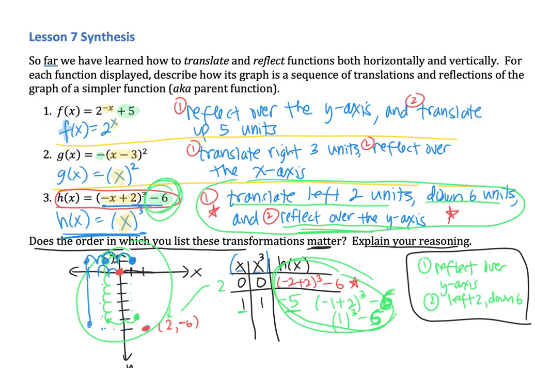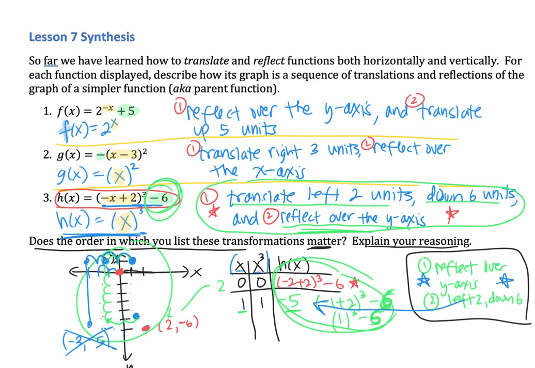Do I end up at this same point over here? No, I don't. It's incorrect. And when you did the math, you wouldn't get negative 3, negative 5. This is incorrect. So your description should match the math, and everything should go together.